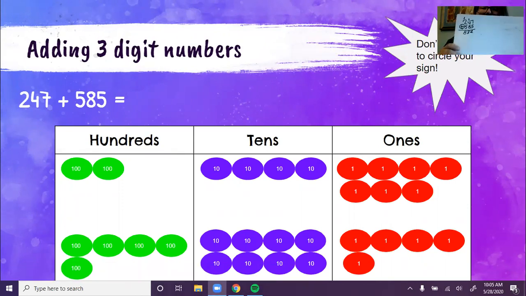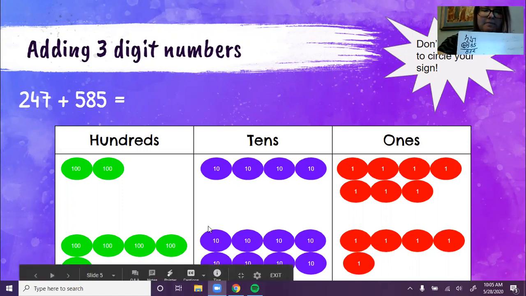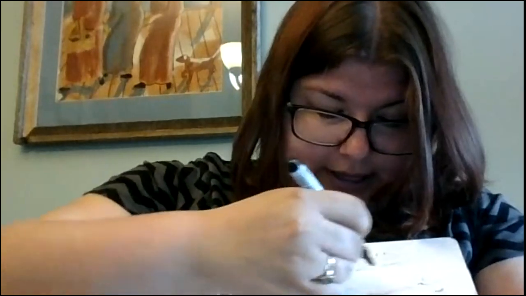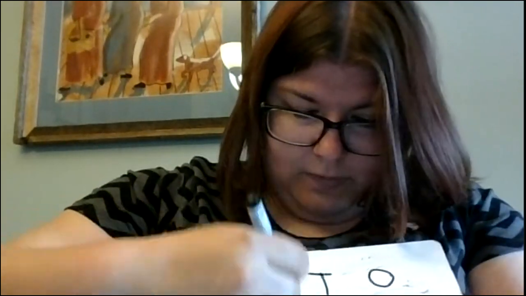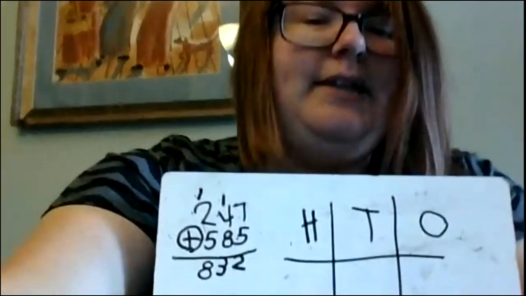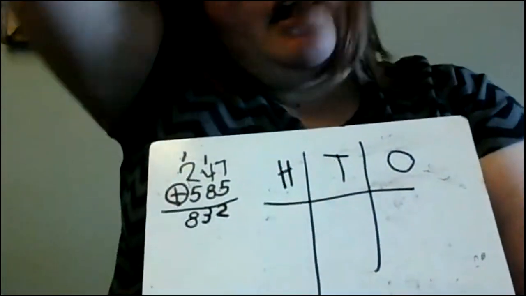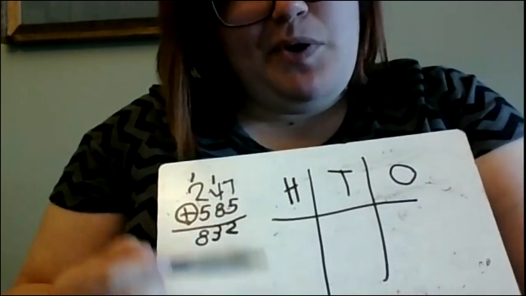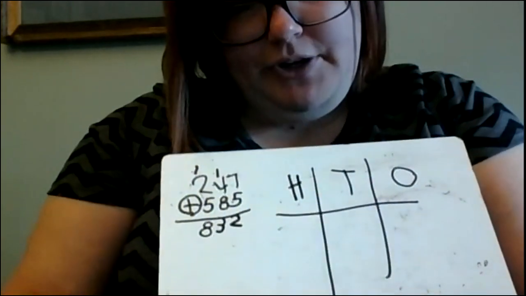I'm going to redraw my picture just like I see it on my problem. So I'm going to have an H, a T, and an O: hundreds, tens, and ones. I know because I'm adding, I'm going to have both sets of my numbers on my chart.